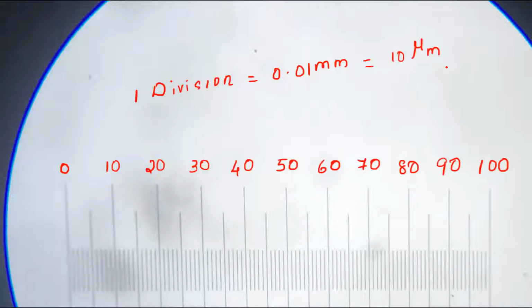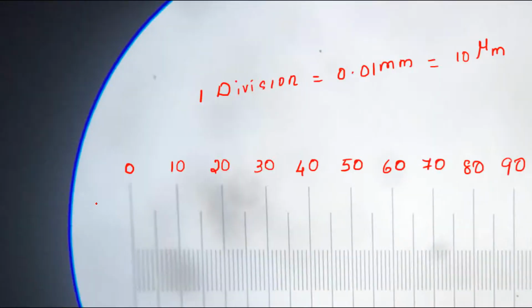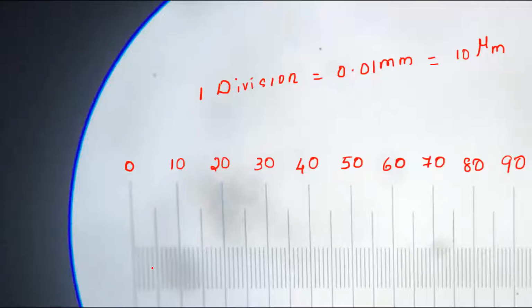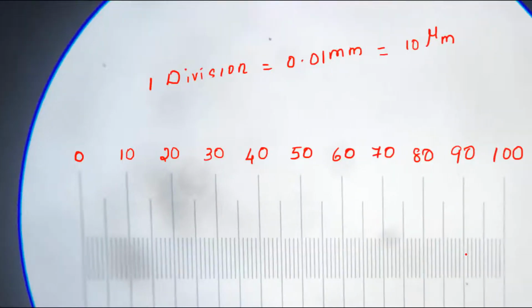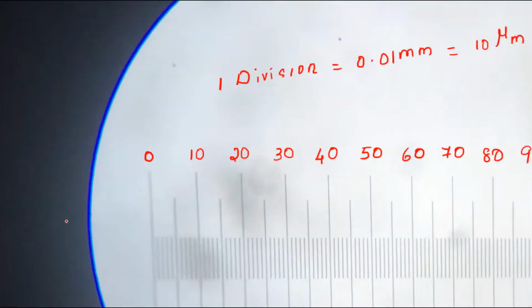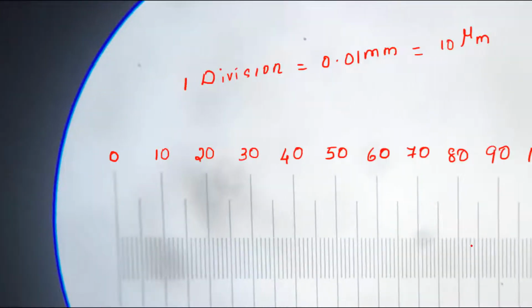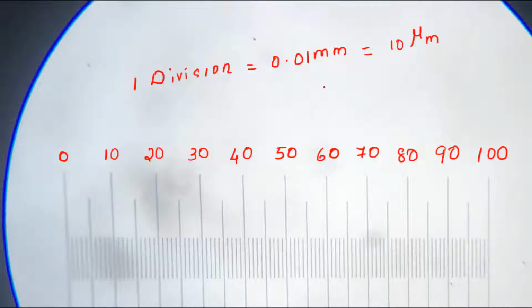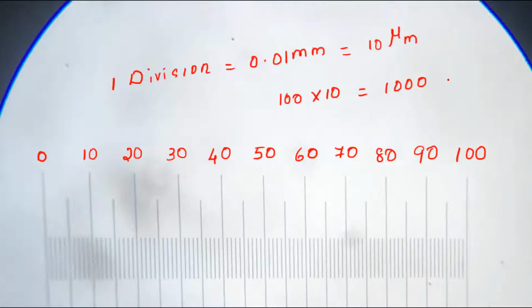So in the stage, one division is equal to 10 micrometer, and 100 such divisions are present in this stage. That means the length from 0 to 100 is 100 into 10, which is equal to 1000 micrometer.